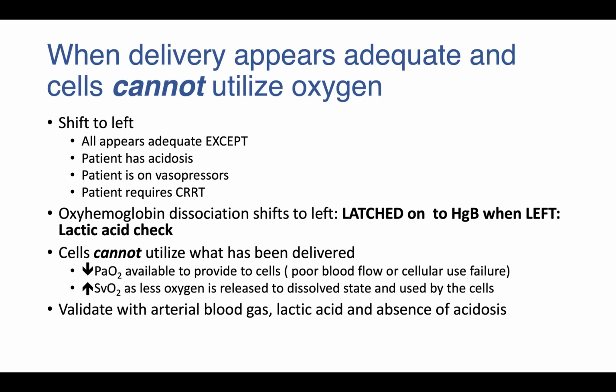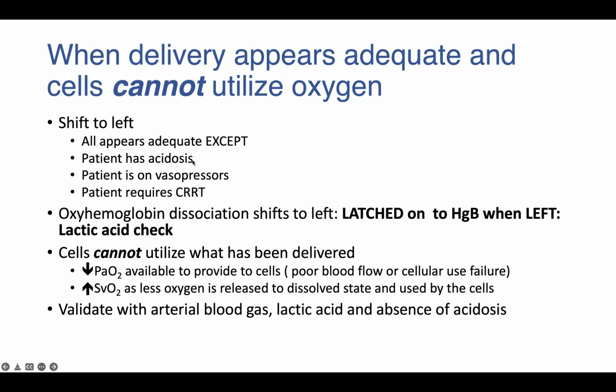And here's the one that's the most difficult. Delivery appears like it's adequate, and your SvO2 is shifted to the left. The patient has acidosis, that's not adequate. Your patient requires vasopressors, that's not adequate. Your patient's on CRT, that's not adequate.